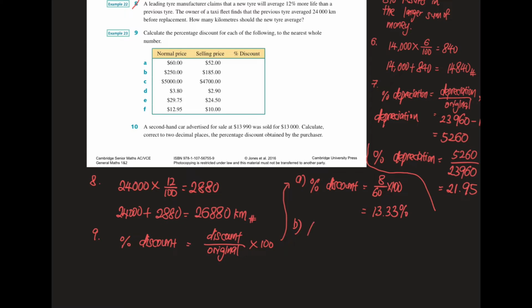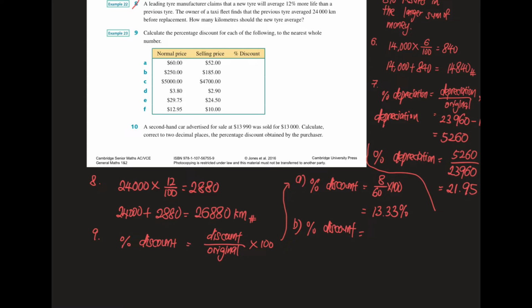Now we continue with B. Percentage discount. Let's see the difference between this and this. That is the discount, so we just minus with calculator.